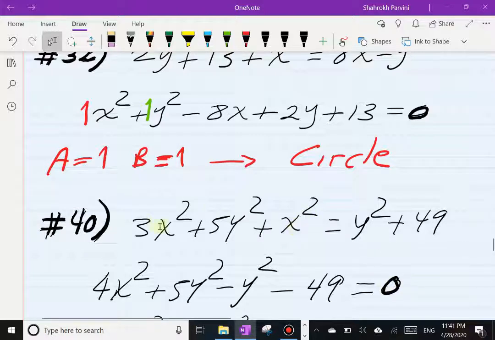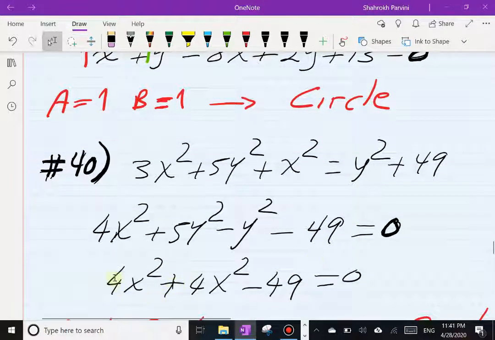I subtracted y squared from both sides, and subtracted 49, got 0 here. Oh, this should be y squared actually, right? 5y squared, that should be y squared. So we got 4x squared plus 4y squared minus 49 equals 0.